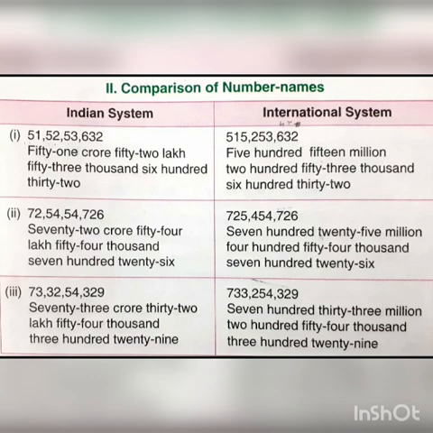Next example, 72 crore 54 lakh 54,726, and in the international number system, it will be 725,454,726. Third example, 73 crore 32 lakh 54,329, and the next one will be 733,254,329. I hope I am clear with these topics.